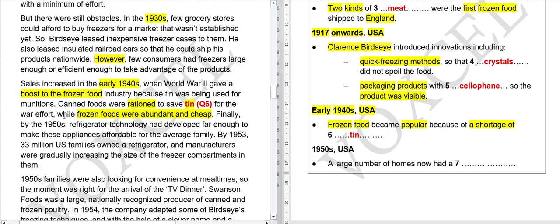While refers to the opposite situation, like frozen foods were abundant. The opposite of abundant is shortage. If something is abundant and we have written while, it means the other thing is the opposite of abundant, and the opposite of abundant is shortage. I hope it is clear.